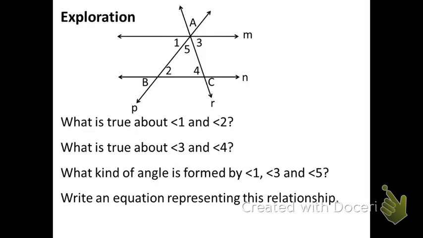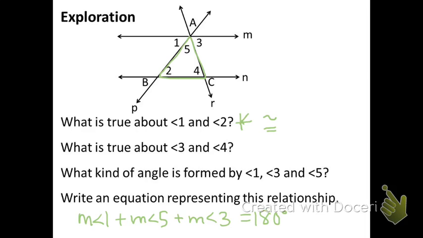It says to write an equation representing this relationship. So we can say the measure of angle 1 plus the measure of angle 5 plus the measure of angle 3 will equal 180 degrees. And we can see how that applies now to our triangle, because we learned they're congruent, so they're the same.